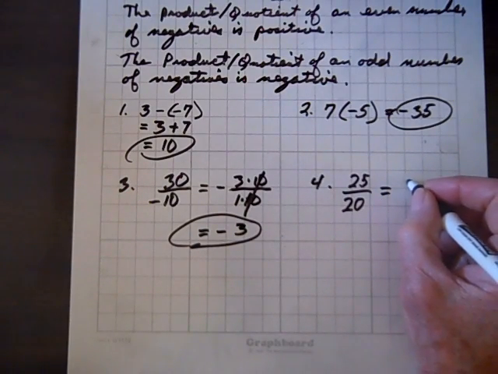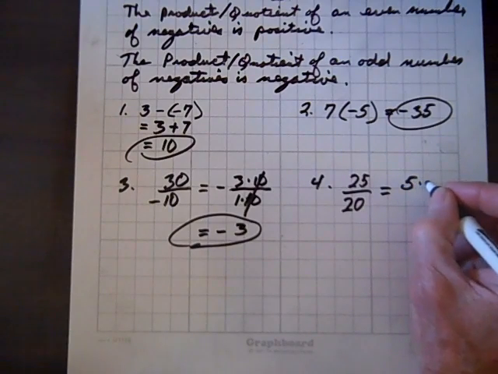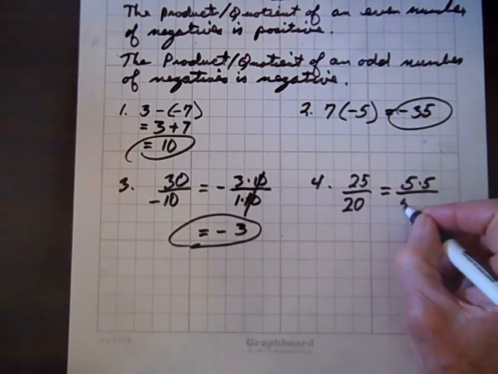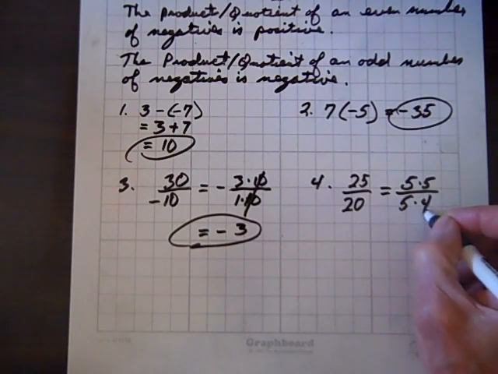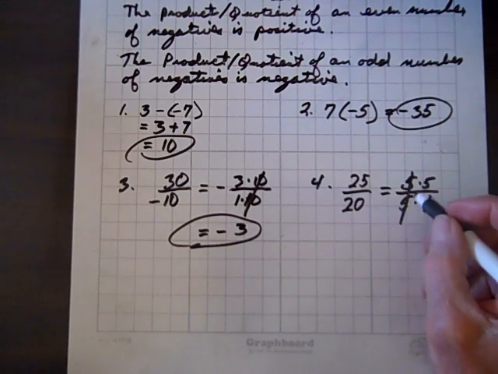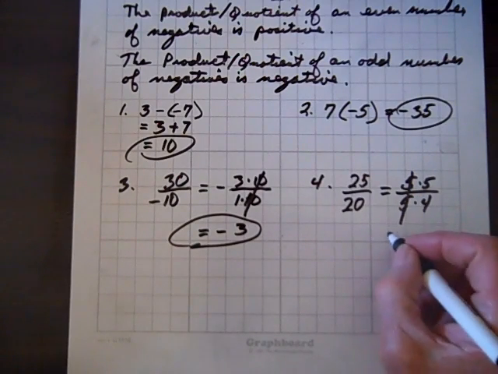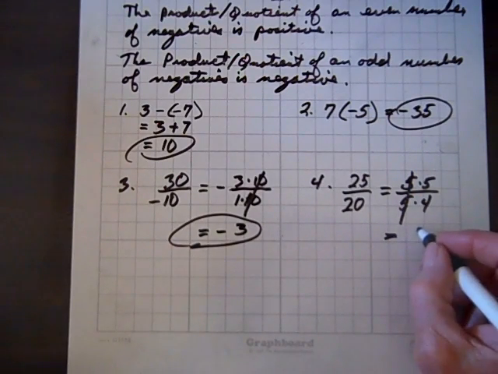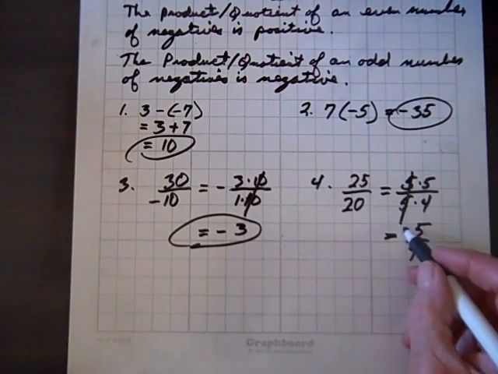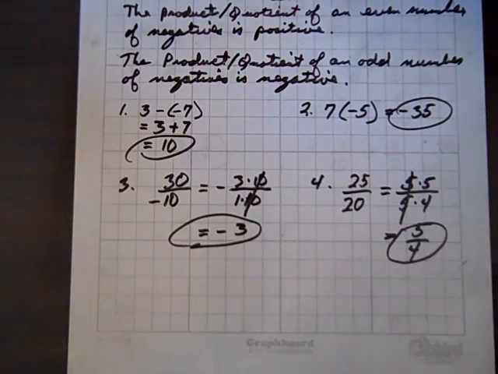So 25 is 5 times 5, and 20 is 5 times 4. And now the 5's divide out, and we have remaining 5 over 4. And we are done with that.